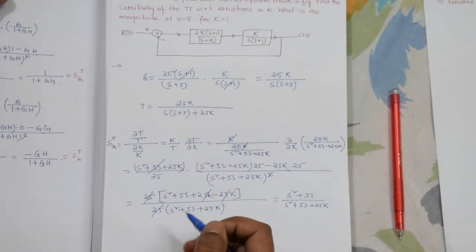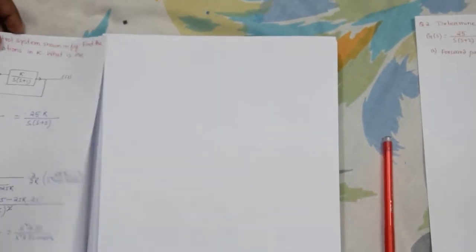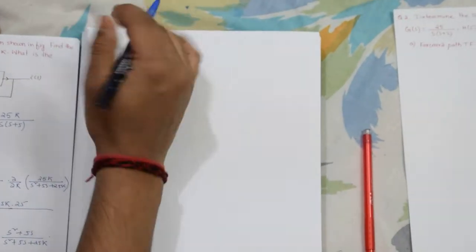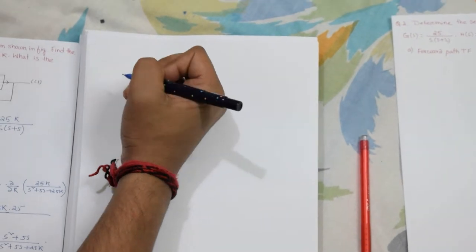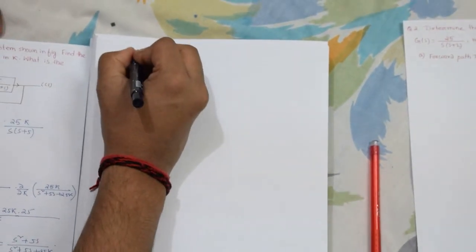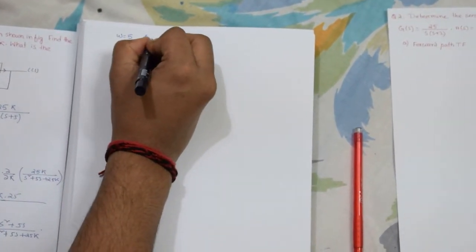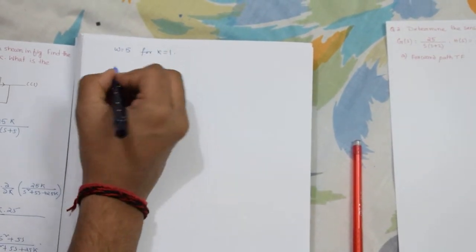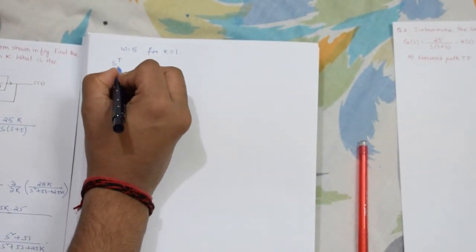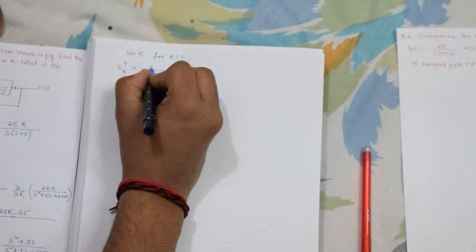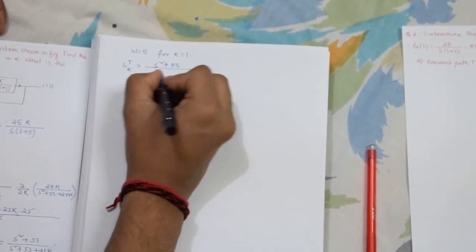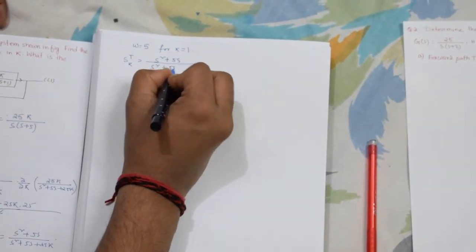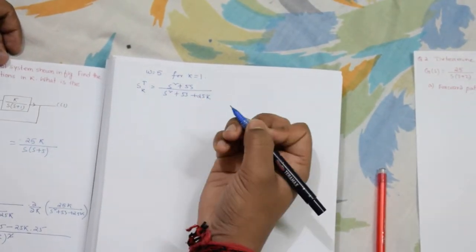Now the second part of the question is, what is the magnitude of this sensitivity at omega equal to 5 and for k equal to 1. So what we got, our sensitivity is s square plus 5s by s square plus 5s plus 25k.